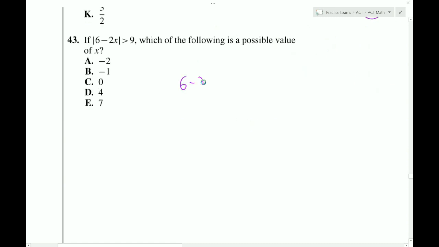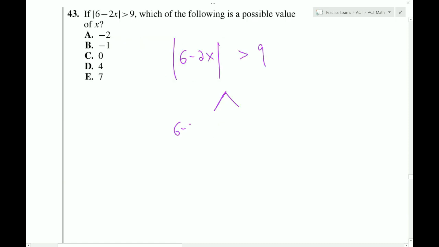6 minus 2x in absolute value is greater than 9. What's the possible value of x? We can either plug in the answers or solve it out. Let's see how we would solve it. We start by writing everything except the bars. On the other one, we keep the bar side the same, but then we switch the inequality sign along with the right hand side, making it negative. Now we subtract 6 from both sides, get -2x is greater than 3.